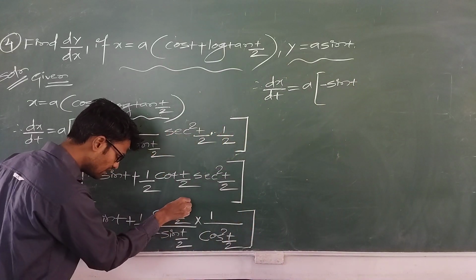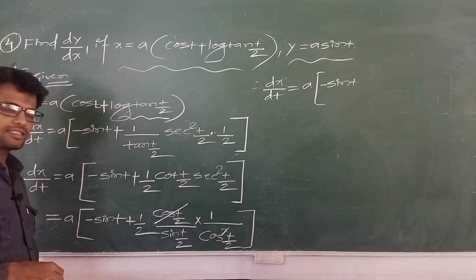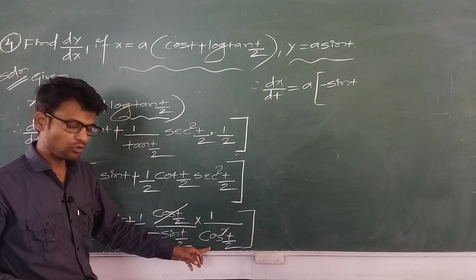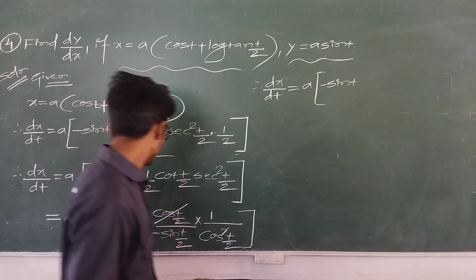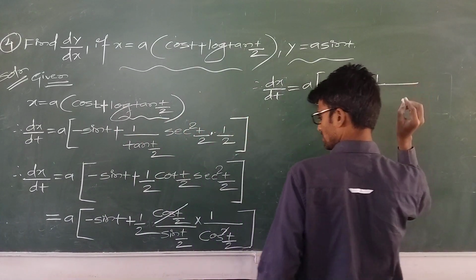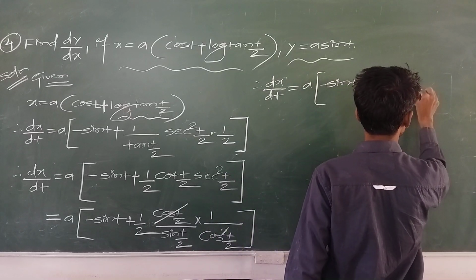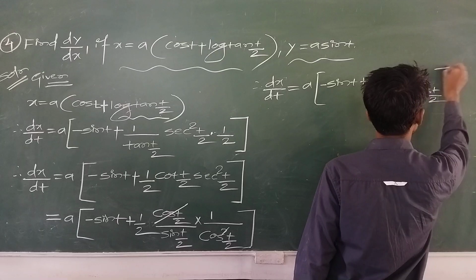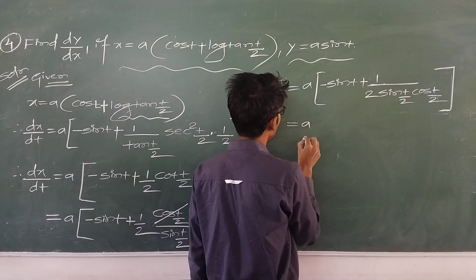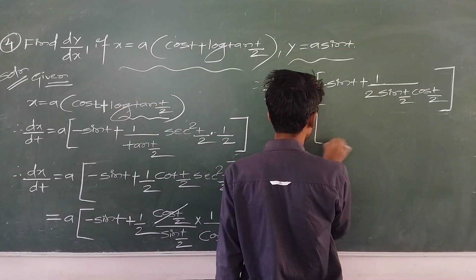See, this cos t by 2 and one cos t by 2 from cos square t by 2 get cancelled, so you will get 1 by 2. Next, in the denominator we get sin t by 2 into cos t by 2. Bracket complete.